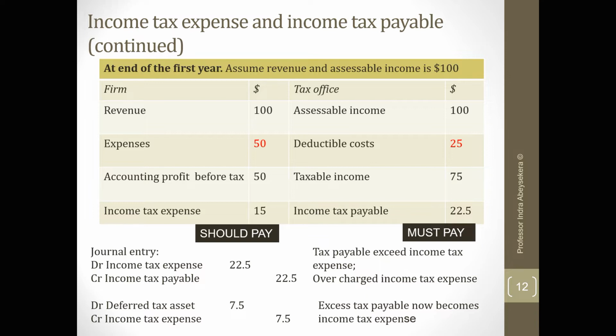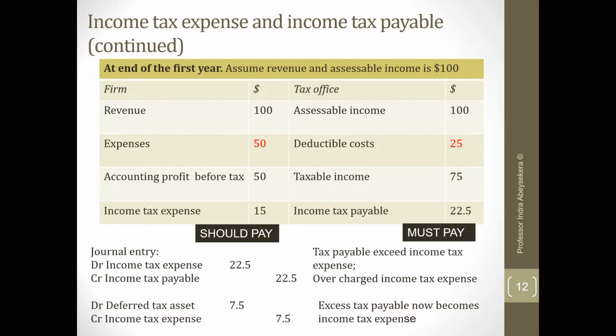So we can see that income tax payable is what must be paid. So we will record that first as credit income tax payable because it must be paid, and we debit income tax expense. So that's 22.5 and 22.5.